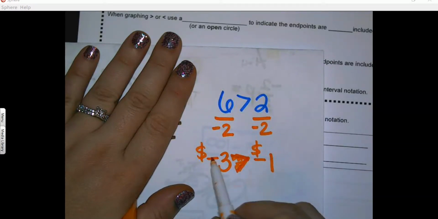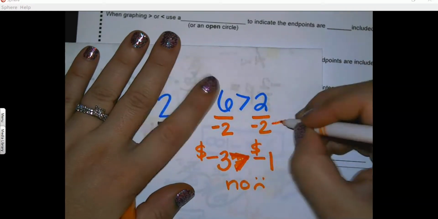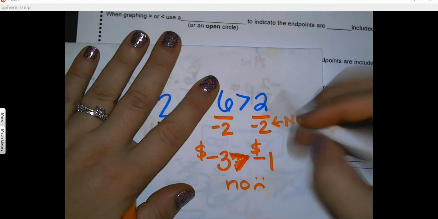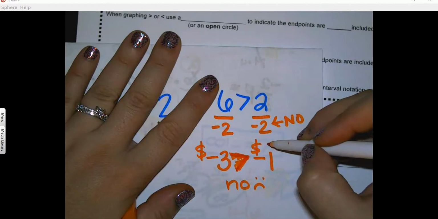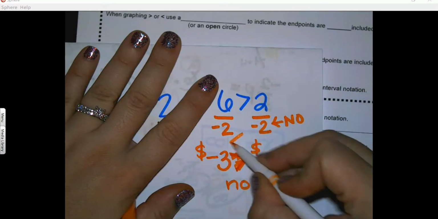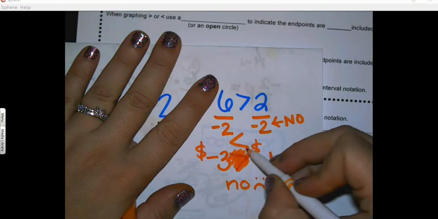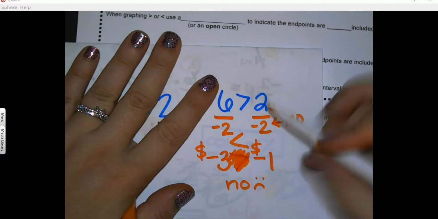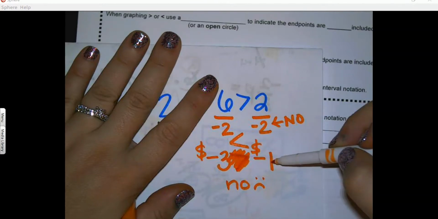If you're in debt 3, does that mean you have more money than if you're in debt 1? No. It doesn't work. So we cannot divide both sides by a negative unless we switch the sign. If we switch the sign, then it will be true. -3 is less than -1.